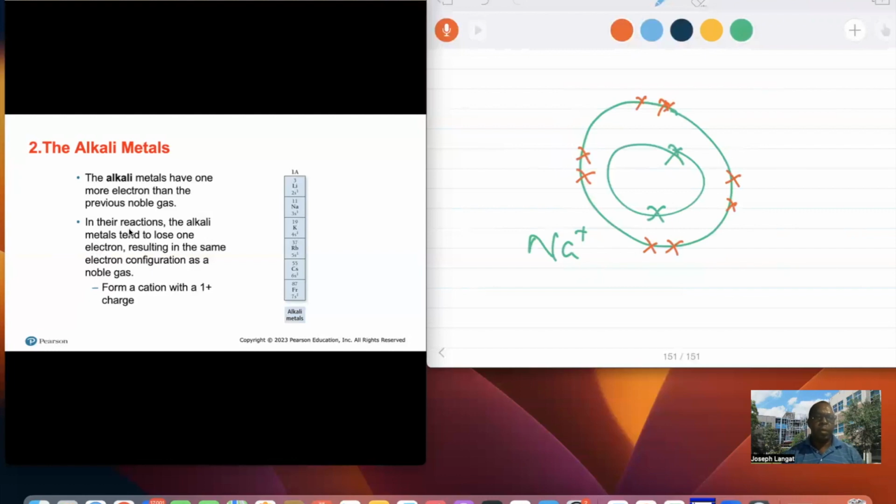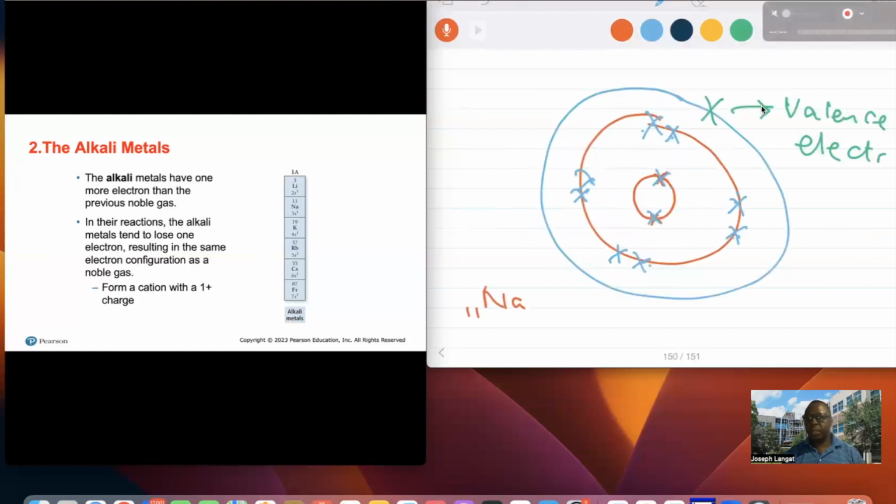In reactions, alkali metals tend to lose 1 electron. This is the 1 electron being referred to. This is the valence electron in sodium. Likewise for all other elements in group 1, potassium, rubidium, cesium, and francium. You can see here they will form a cation with a charge of +1, simply because we have 11 protons and 11 electrons for neutral sodium.